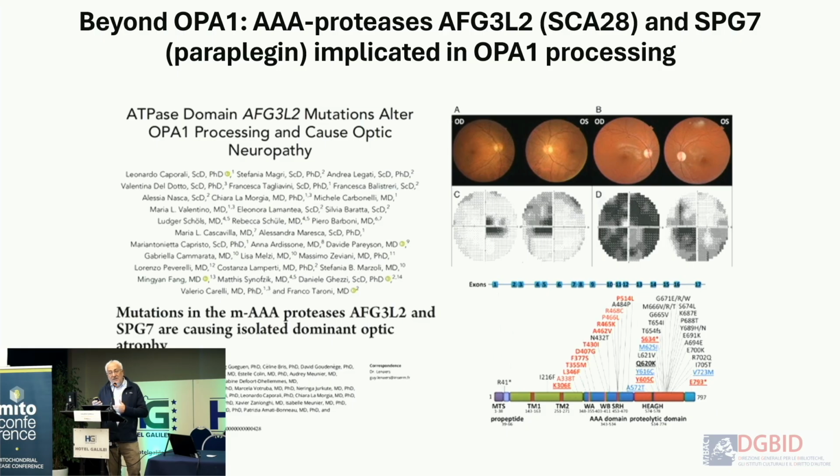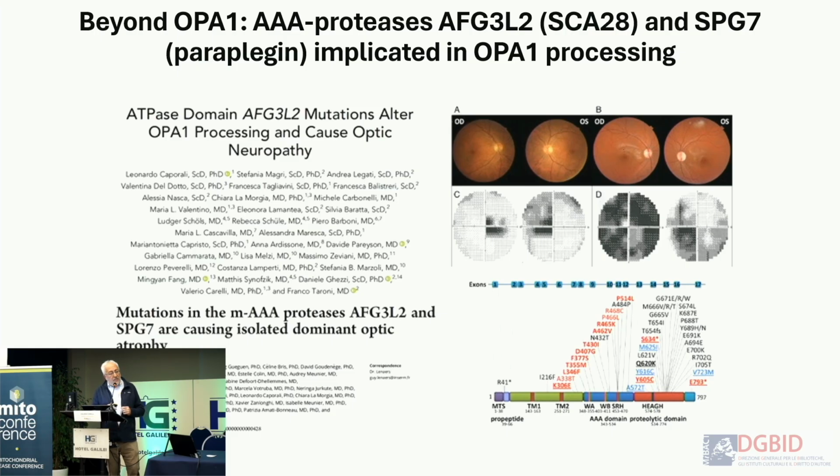But we already knew that some of these patients might also have optic atrophy. And as a matter of fact, you have an entire collection of mutations, of variants, which are associated with pure non-syndromic optic atrophy again.